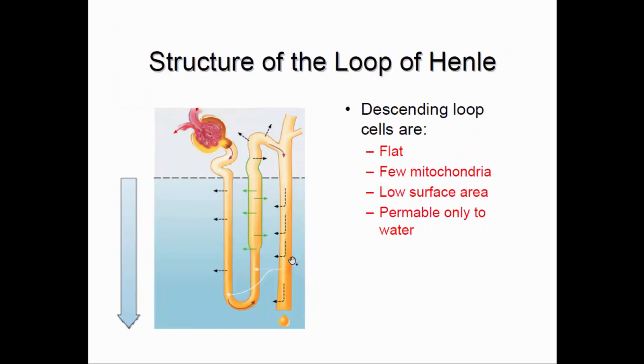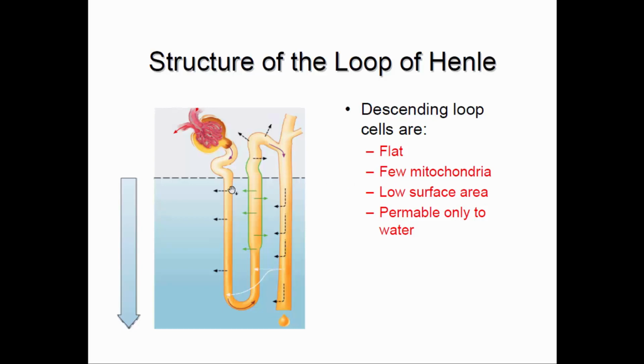Now, the structure of the loop of Henle. The descending limb of the loop of Henle, right here, the cells are going to be flat. There's going to be very few mitochondria and low surface area, and it's going to be permeable only to water. With few mitochondria, there's not going to be a lot of active transport, no sodium pumps and things like that.